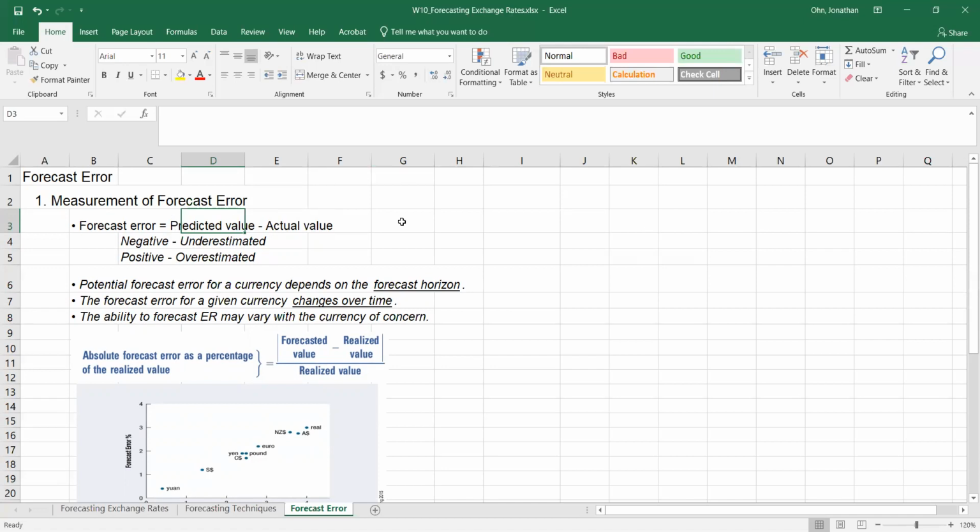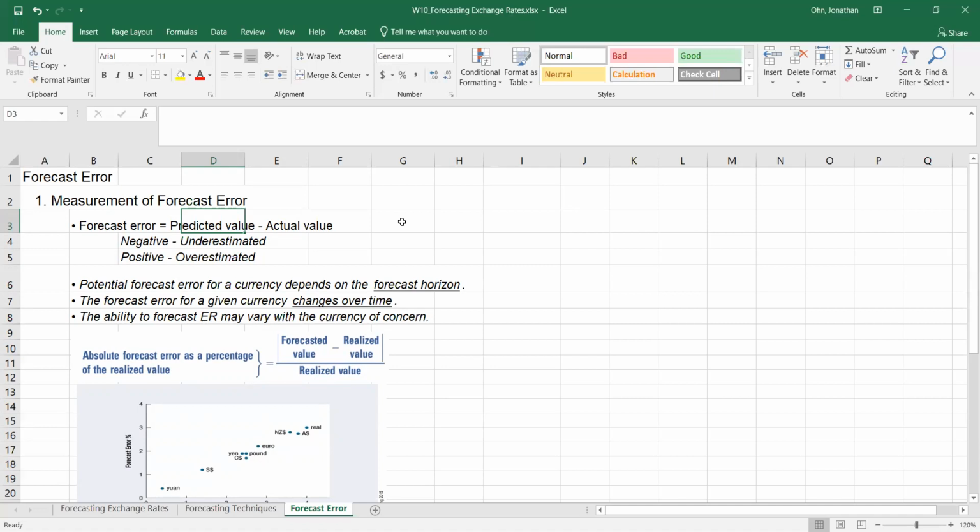Okay. The potential forecast error depends on the forecast horizon. That means if you are looking at 1 month versus 1 year, 1 month's forecast error would be smaller than 1 year's forecast error. That's definitely so.